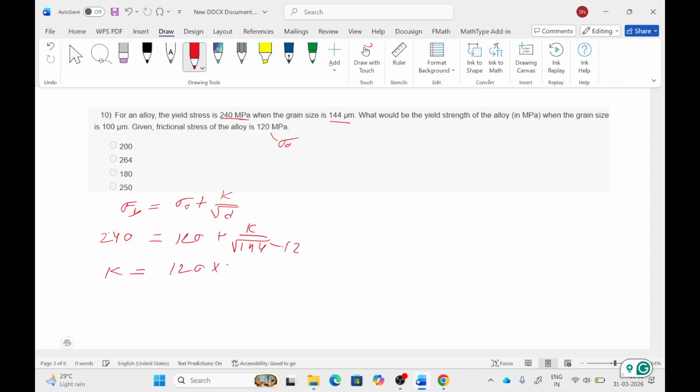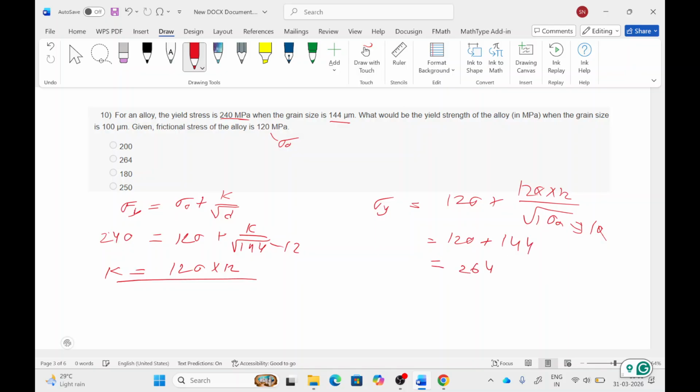So 120 into 12 is the K value, and yield strength at the other grain size will be 120 plus K divided by root of 100. So it will be 10. So 120 plus 144. So this will be 264. So second option is correct.